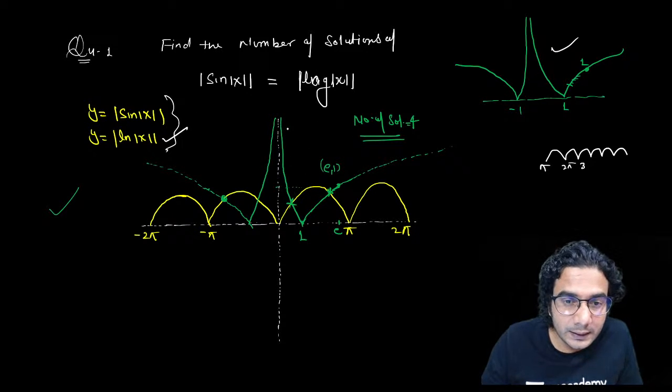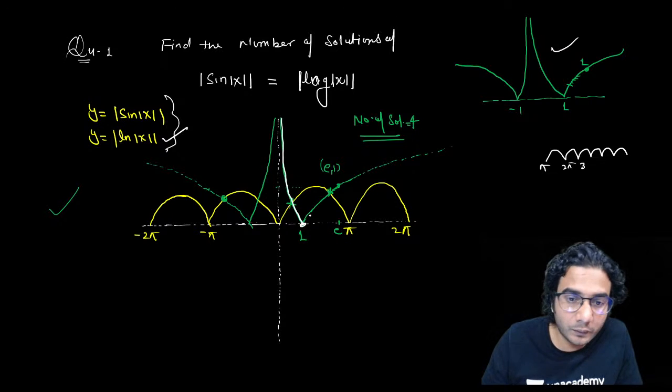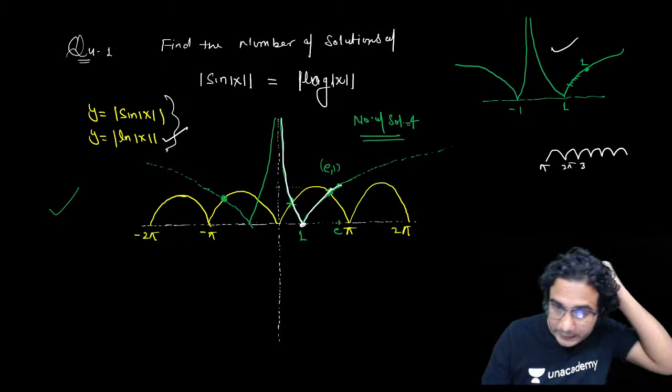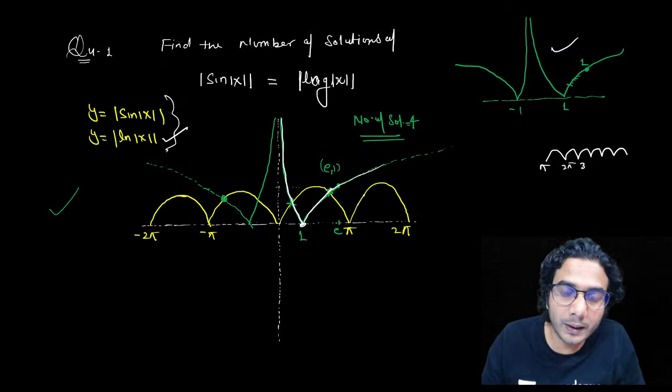So we can see that the log graph will come from infinity and meet the x-axis at 1 and then it will go like this. Now the important point is whether this graph will cut the another part of sine, the one between pi and 2 pi.